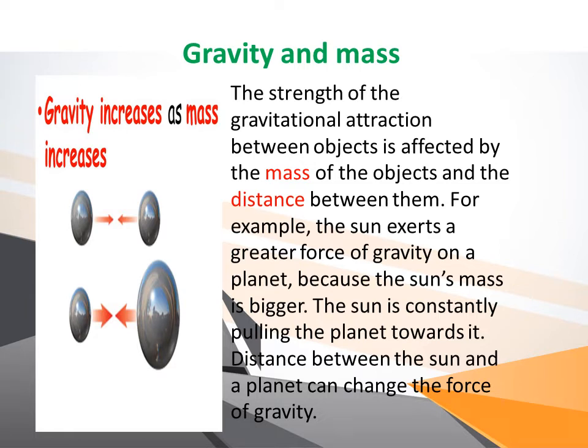When we compare the sun and Earth, the sun's mass is more, meaning the sun has more gravitational pull. But we don't feel the sun's pull strongly because we are very far away from the sun. If we were in the middle, equal distance between Earth and sun, of course we would be pulled towards the sun because the sun's gravity is greater than Earth's gravity. So gravity depends on an object's mass also. If the mass increases, the gravitational force also increases.